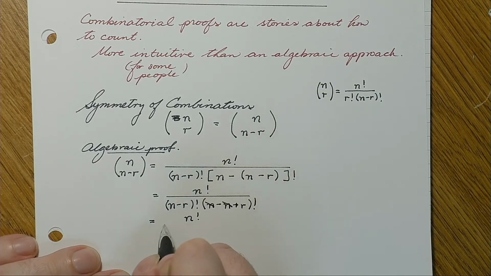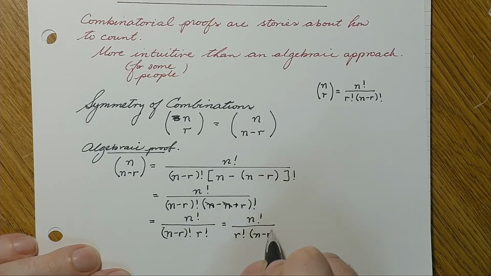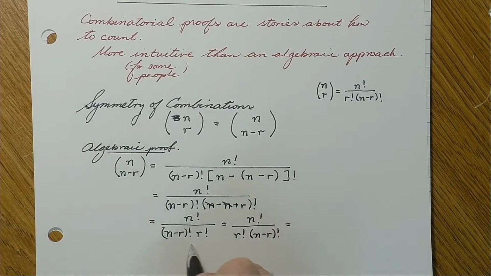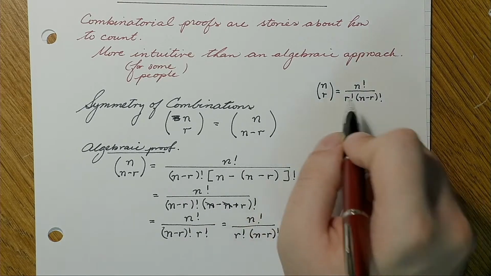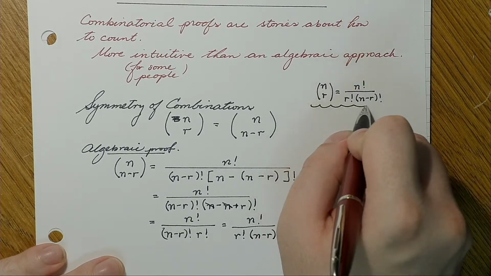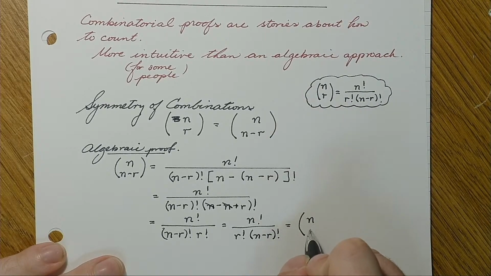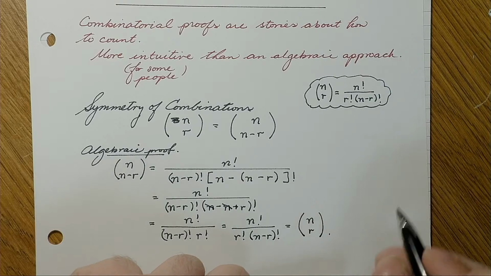I'm left with n factorial over n minus r. I'm just going to write this here, just exchanging it, which I can do by the commutativity of multiplication. So again, now I have it matching the same over there. So that's equal to n choose r. And so we're done.